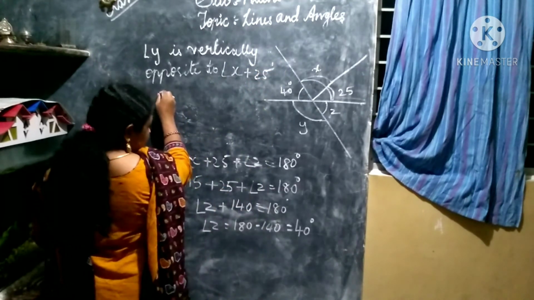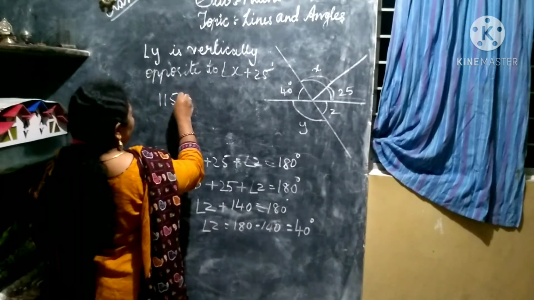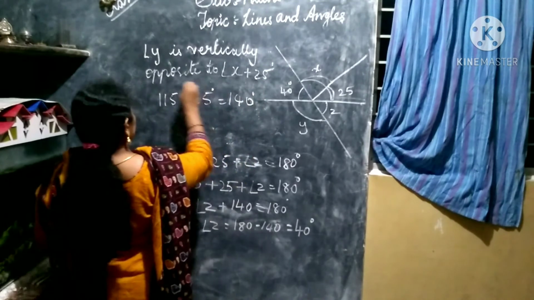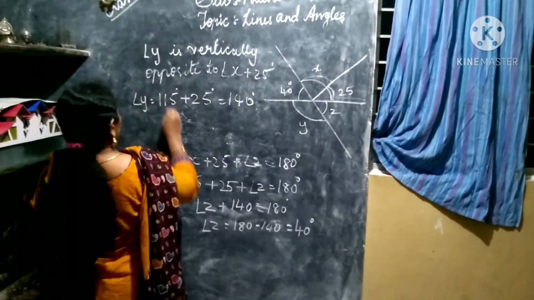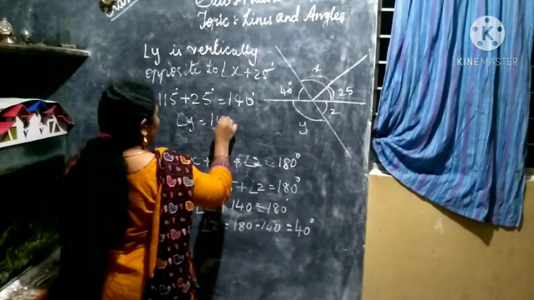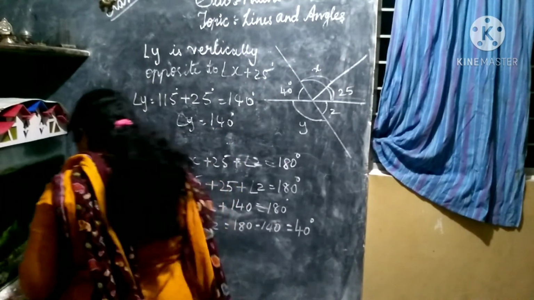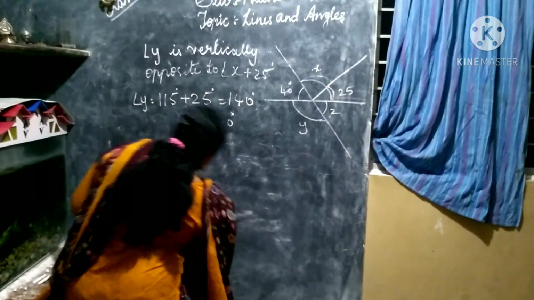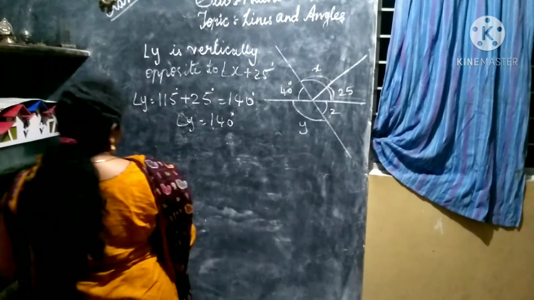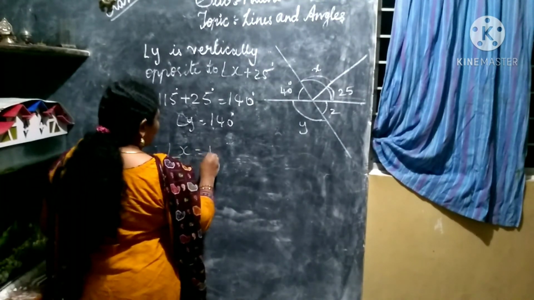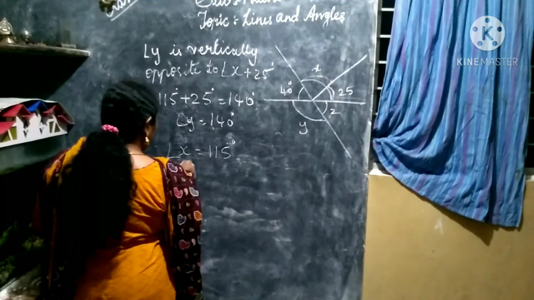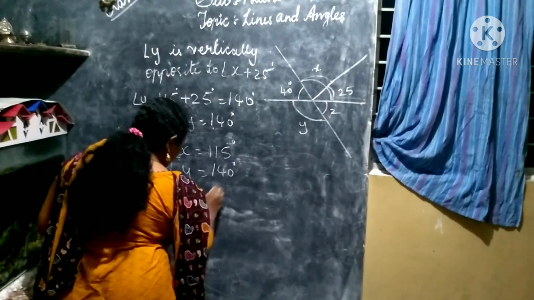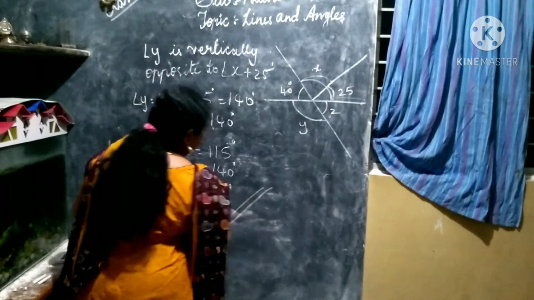What is angle x? It is 115 plus 25, which is 140. Therefore angle y is equal to 140 degree. So here we have got all the three angles: angle x is equal to 115 degree, angle y is equal to 140 degree and angle z is equal to 40 degree.